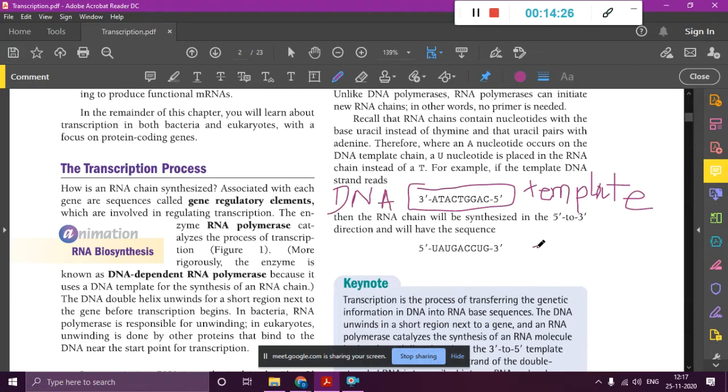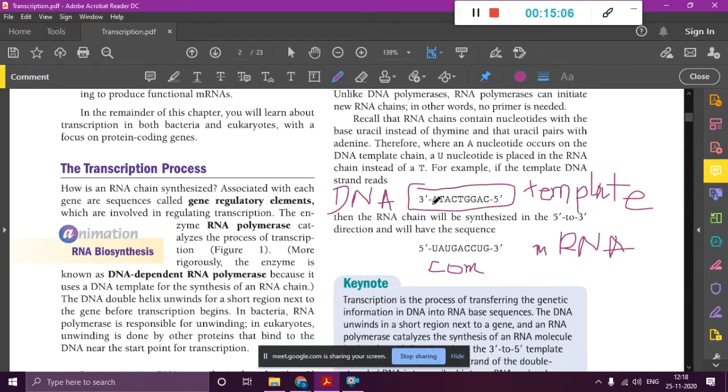The mRNA which is going to be made is this. The mRNA is going to be made in the 5 prime to 3 prime direction, as you can see over here. So opposite to A, instead of T there will be U. Then opposite to T there will be A. Again opposite to A, instead of T there will be U, because there is no T in RNA. Then opposite to C there is G. So it will just be complementary to the antisense strand or the template strand.